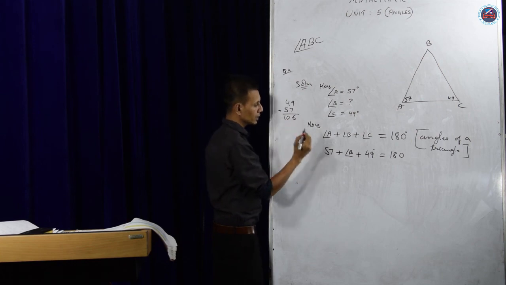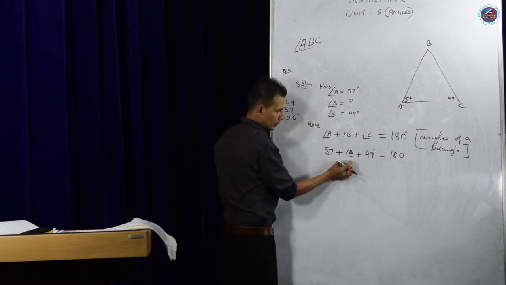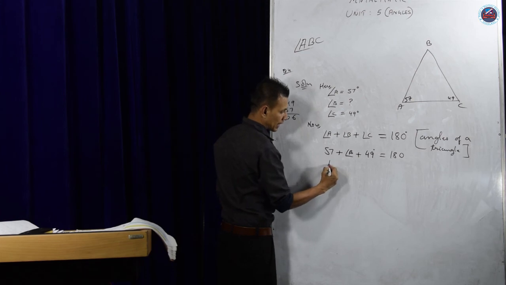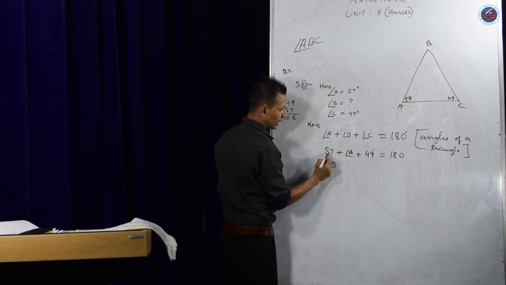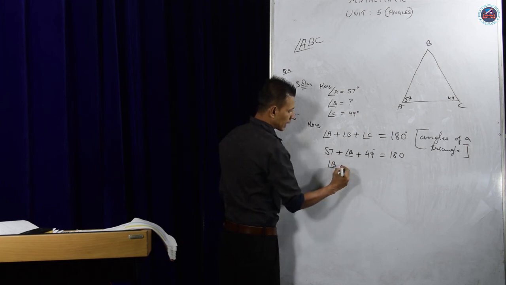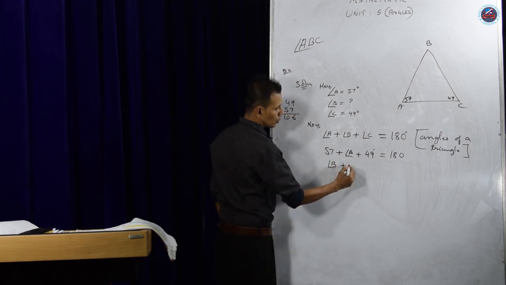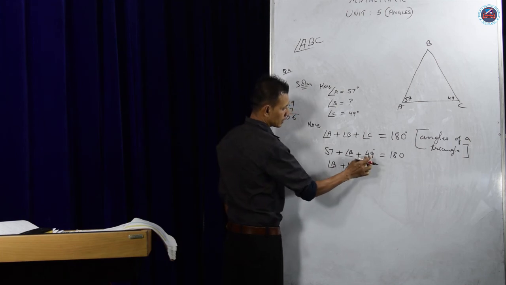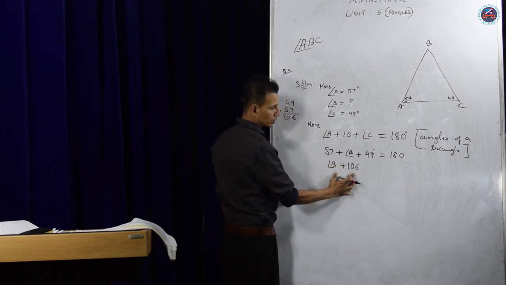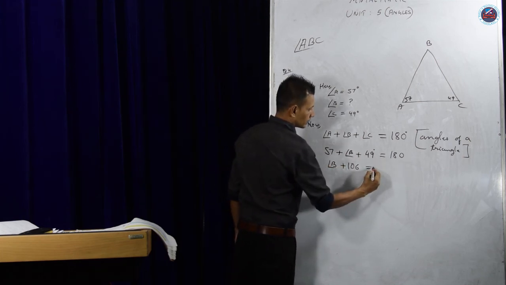You got 106. Okay, first B all right here. You can arrange, no problem. This B is here, and when I add this and this, I get 106. This side work is done.